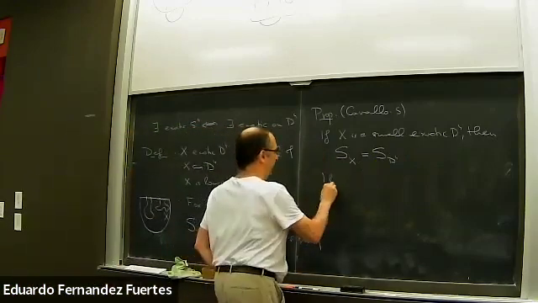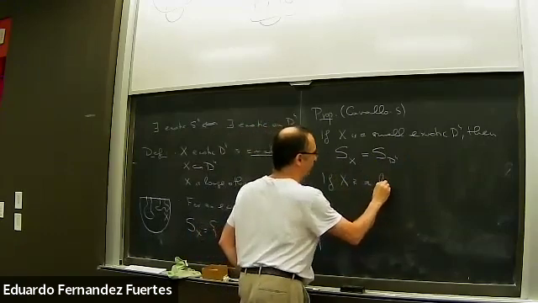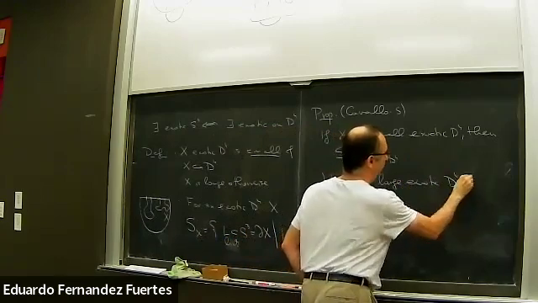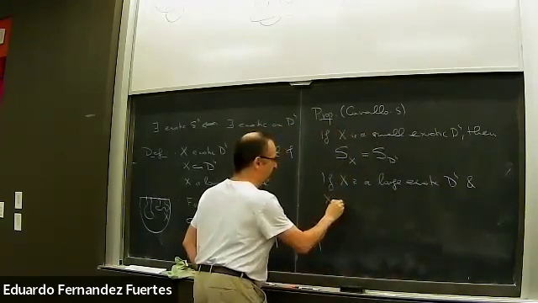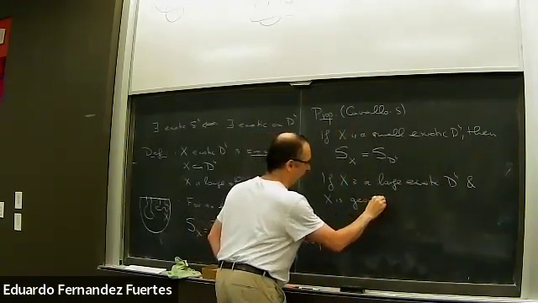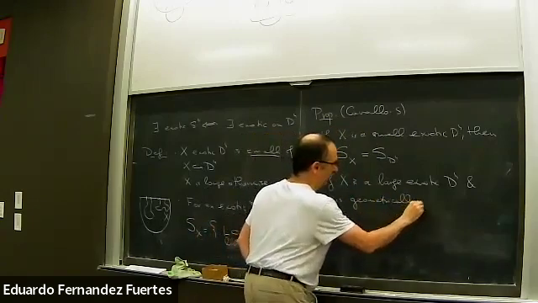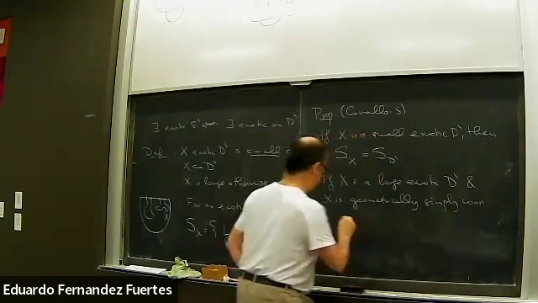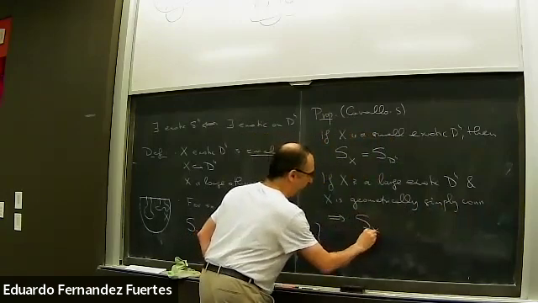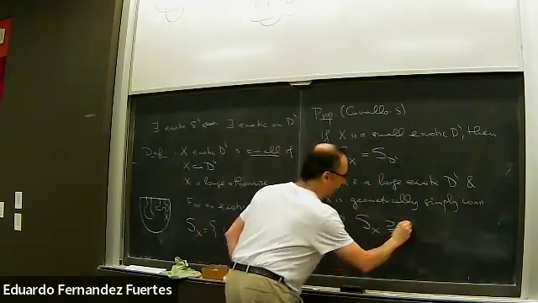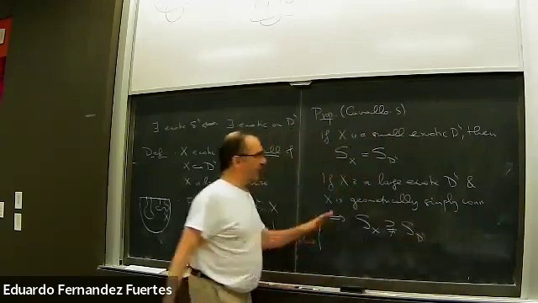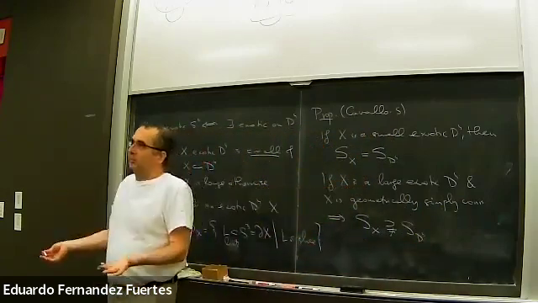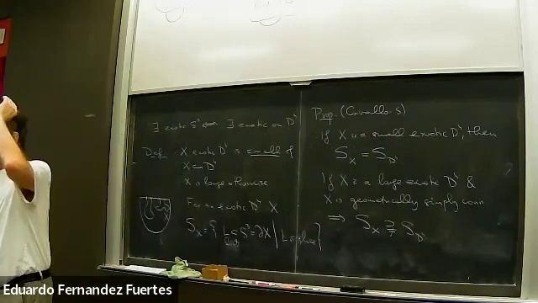And if X is a large exotic D4 and X is geometrically simply connected, then S_X is strictly larger than S_D4. I should remind you that X, as an exotic D4, is homeomorphic to D4, so it should be simply connected.